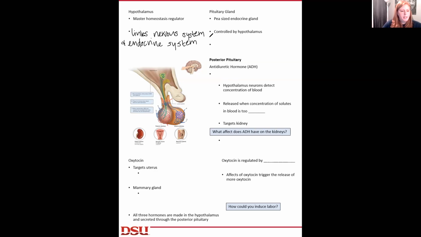Look at the pituitary gland, pea-sized. It's a little tiny endocrine gland. It's controlled by the hypothalamus, and it's divided into an anterior and a posterior region.